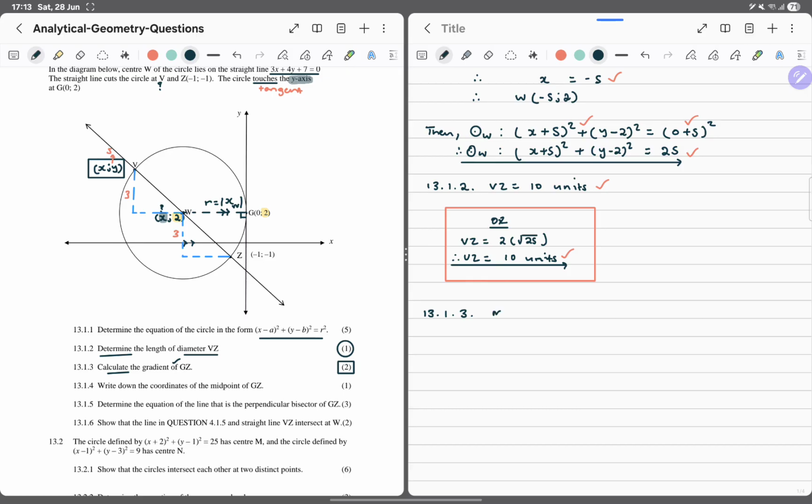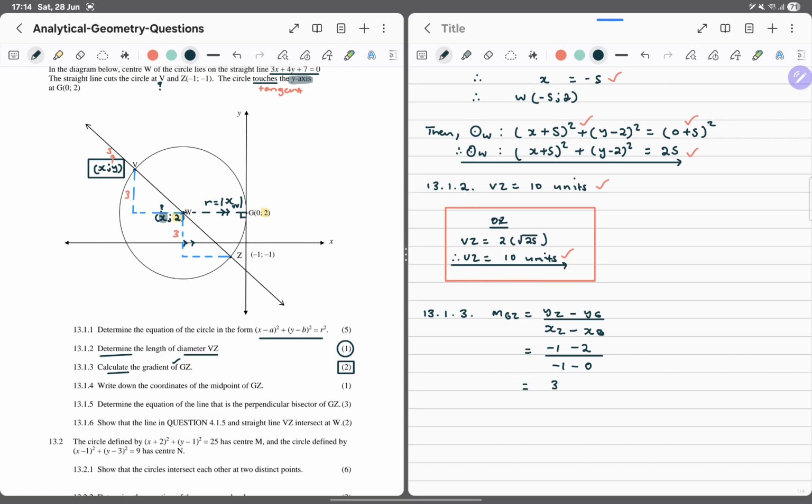Alright, so the gradient of GZ is going to be equal to y at Z minus y at G divided by x at Z minus x at G. Okay, so this implies that y at Z is minus 1 minus y at G, which is going to be minus 2, divided by x at Z is minus 1 minus x at G, which is 0.